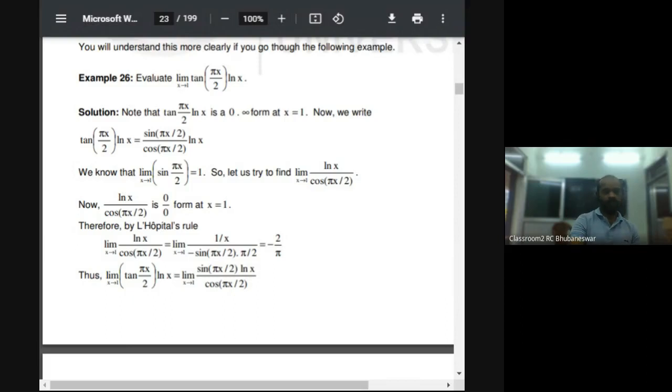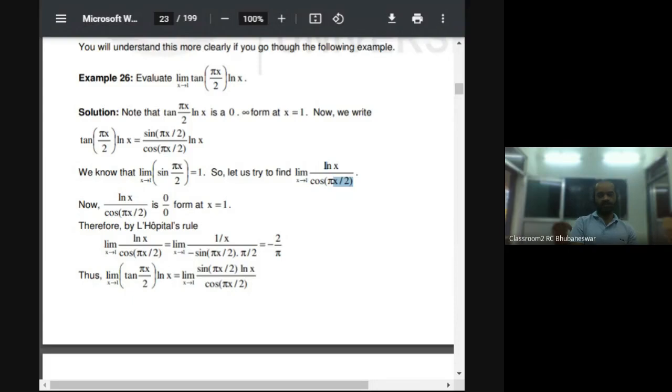Here, the limit as x approaches 1 of sin of pi x by 2: when we apply x equal to 1 in the sine function, the result is 1. Now let us try to find the limit of the rest of the function, that is ln x divided by cos of pi x by 2.